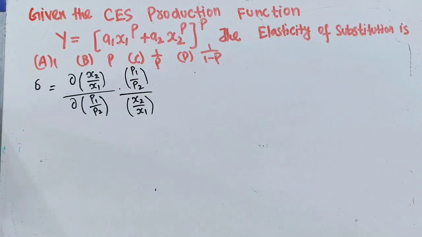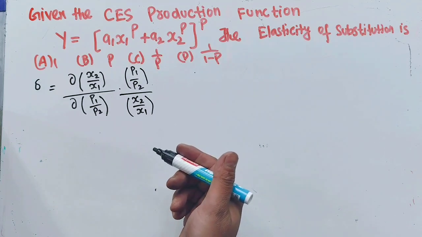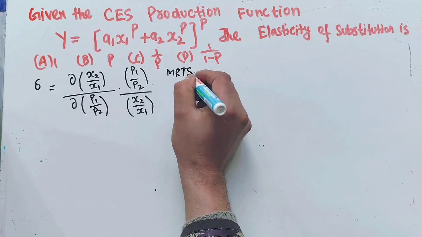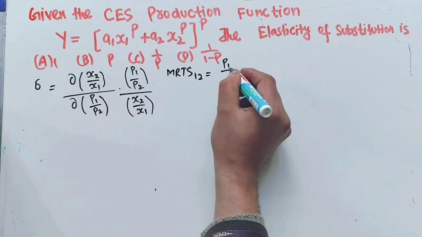How do we get this x2 upon x1? First, we know that for optimization we equate the marginal rate of technical substitution between x1 and x2 to the input price ratio P1 upon P2.